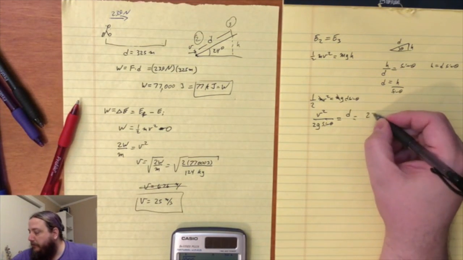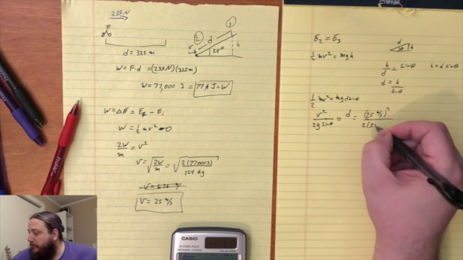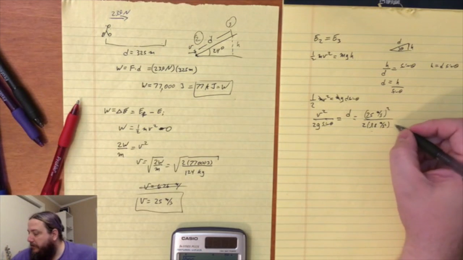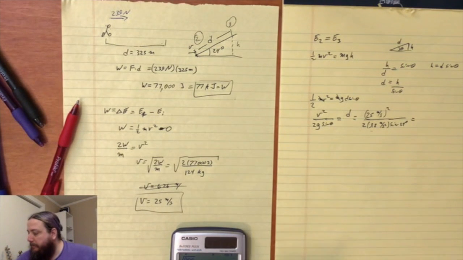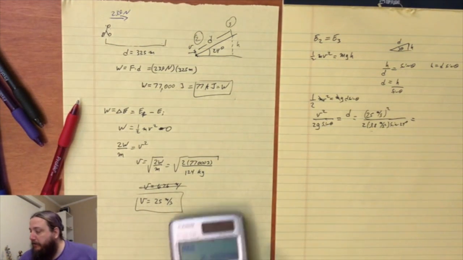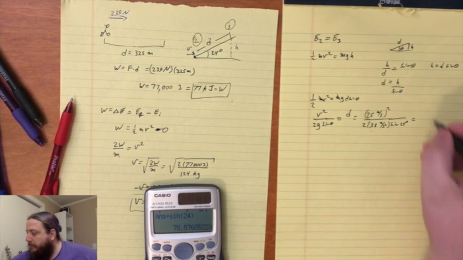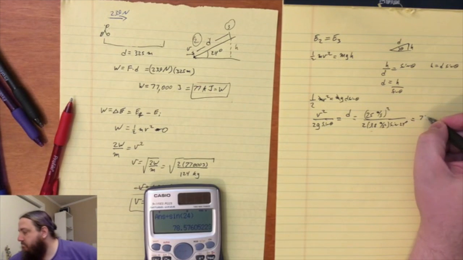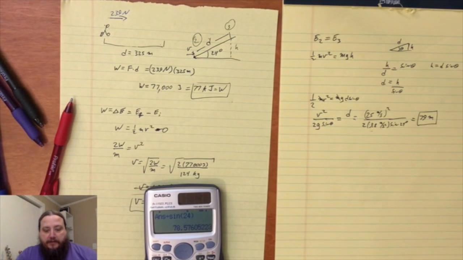Plug in some numbers: 25 meters per second squared on the top, 2 times 9.8 meters per second squared times the sine of 24 degrees on the bottom. So square of 25, divide by 2, divide by 9.8, divide by the sine of 24 degrees, and 79 meters is our distance that we travel up the hill.